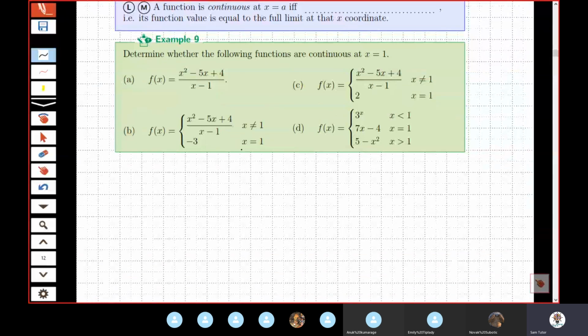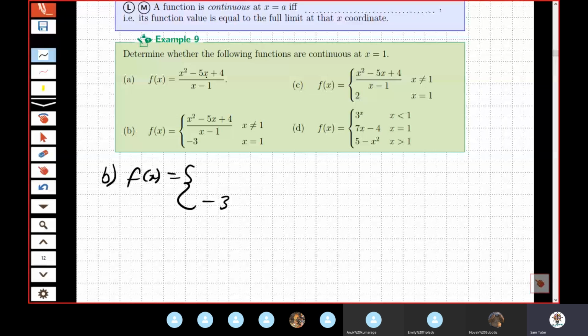I would like to do these split functions, so we'll do b. F of x. If I sub in 1 into here, it gives me -3. This is for everything else. But the idea is when you're trying to find if it's continuous, that means there must be no break at x equals 1.